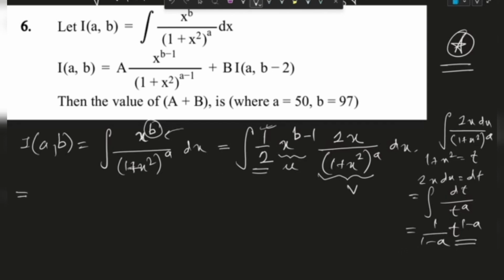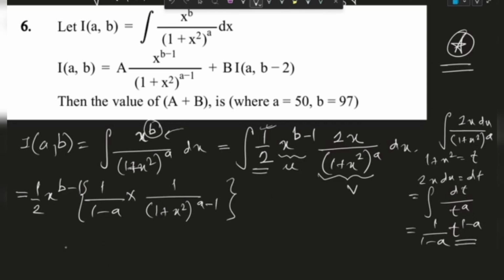This will become the integral: half x^(b−1) kept constant, times 1/(1−a) multiplied by 1/(1+x²)^(a−1). This is t^(1−a), I brought this to the denominator.